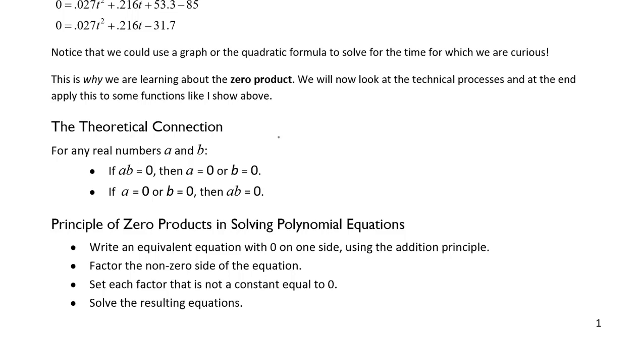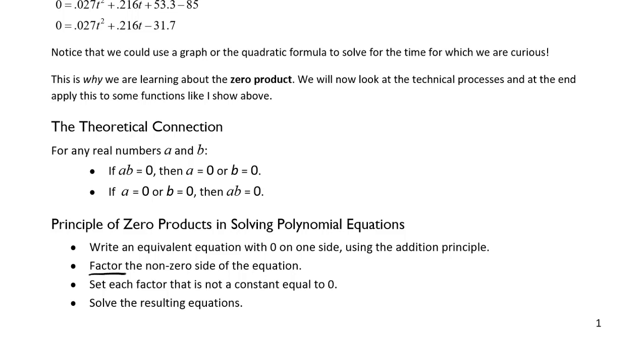So the principle of zero products in solving polynomial equations is as follows. Write an equivalent equation with 0 on one side using the addition principle, like I showed you above in an example. Factor the non-zero side of the equation.